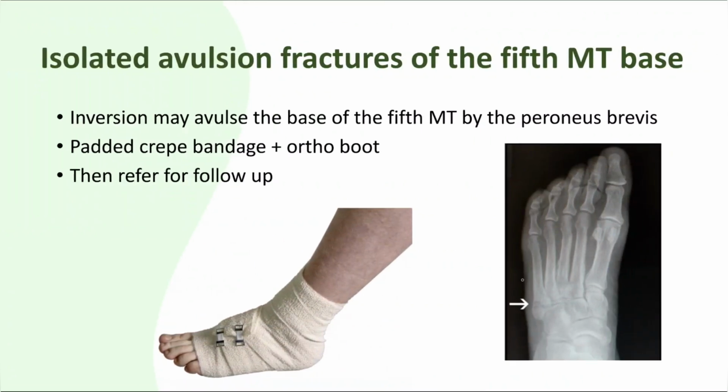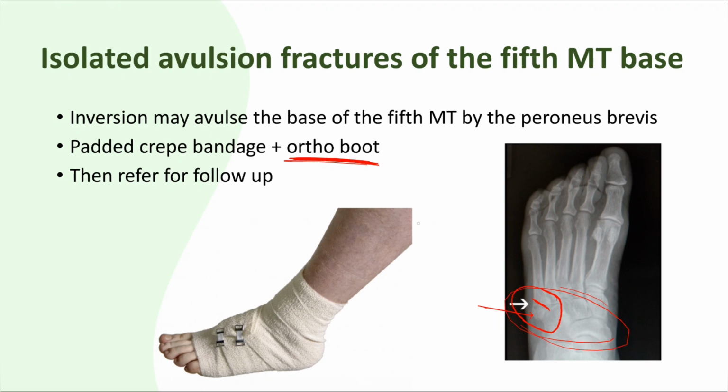We have isolated avulsion fracture of the fifth metatarsal. This is also common, so there will be a fracture of that one. Inversion may avulse the base of the fifth metatarsal by the peroneus brevis muscle. You have to put some padding, then after padding, a crepe bandage or an ortho boot can also be applied.